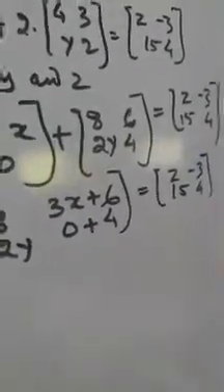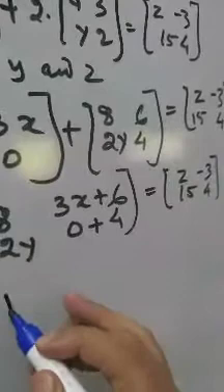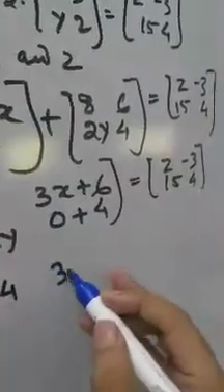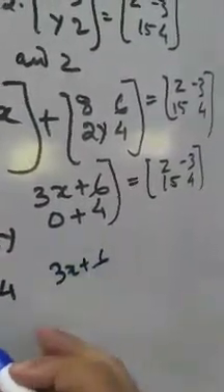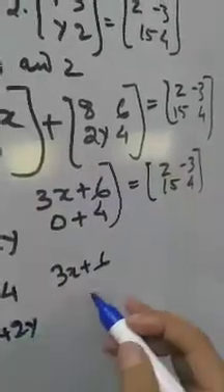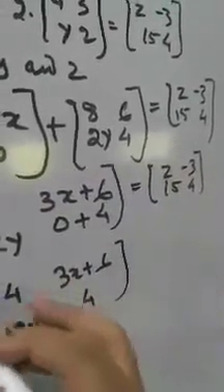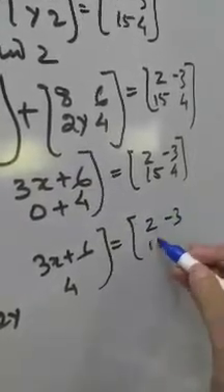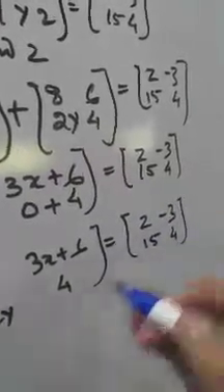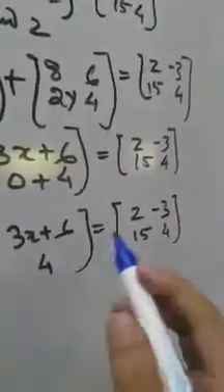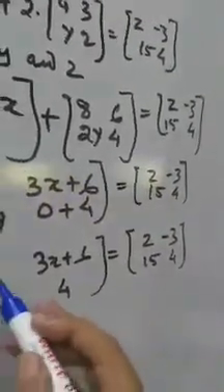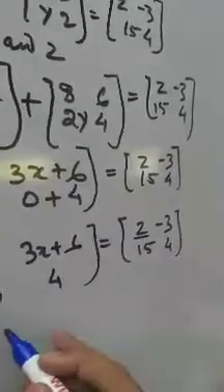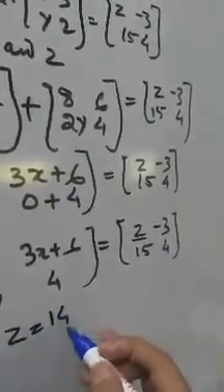Now if you add it up, it is 14, 3x plus 6, 3 plus 2y, and 4, which is equal to [z, -3; 15, 4]. Now you equate. First row first column, z is equal to 14.